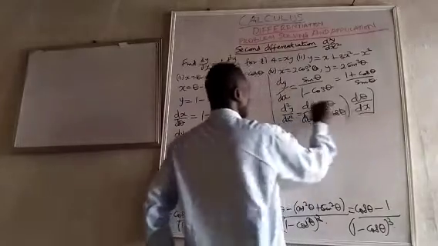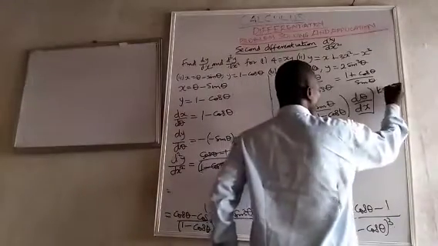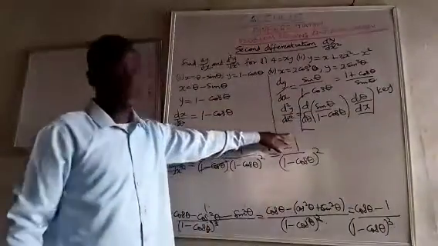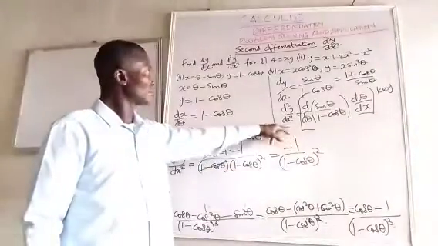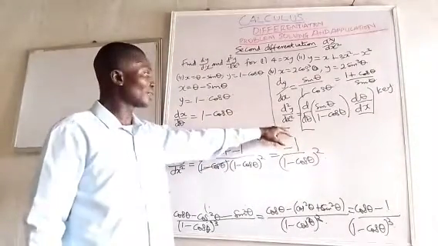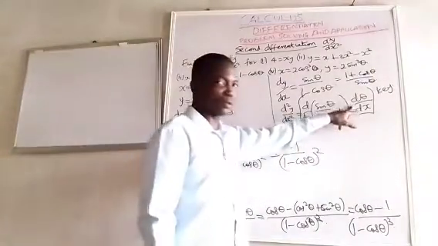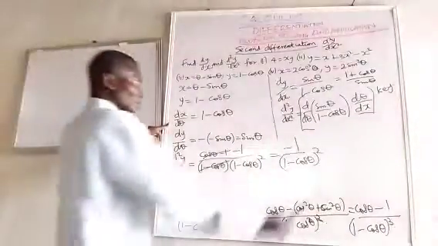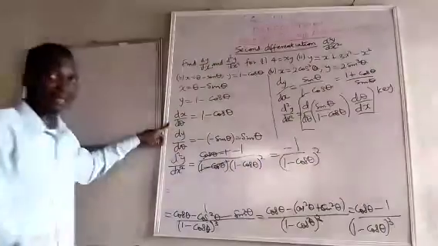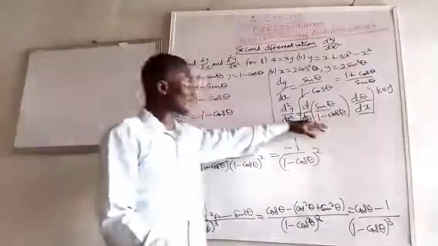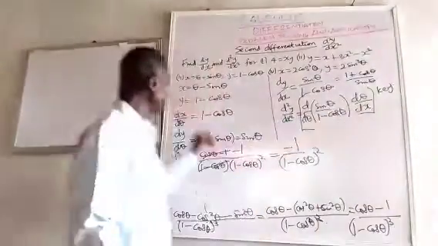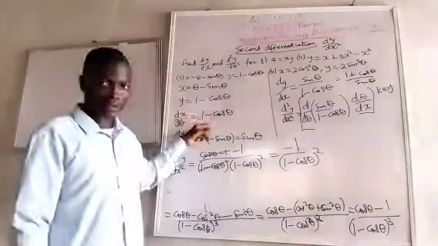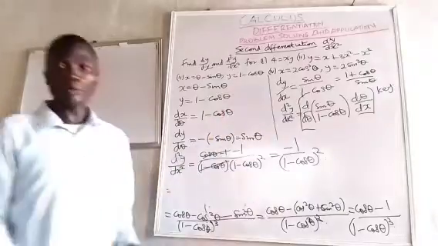Please, this is a very important key for the second differentiation, second differential. And I got this one from the initial differentiation here. Please take notes. After differentiating this separately, I multiplied by this one, as in the reciprocal of this one. Please take notes.